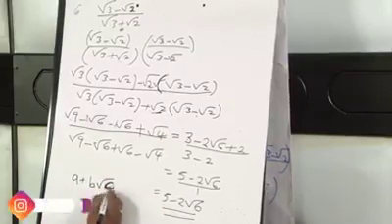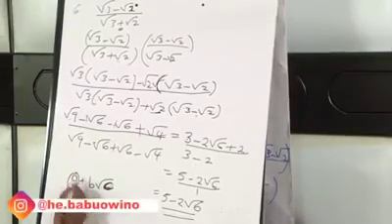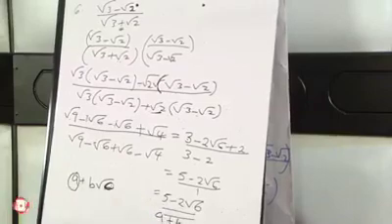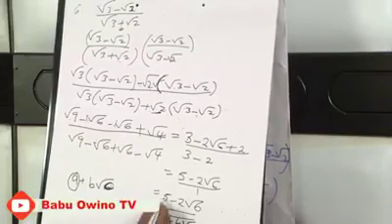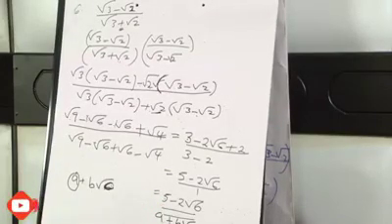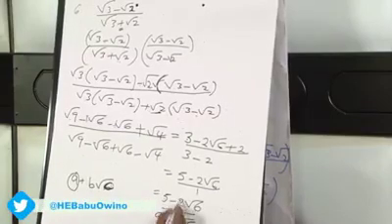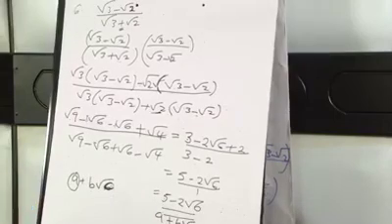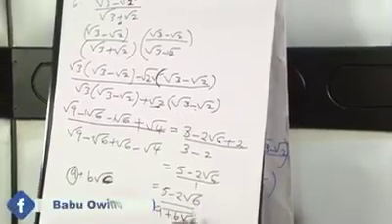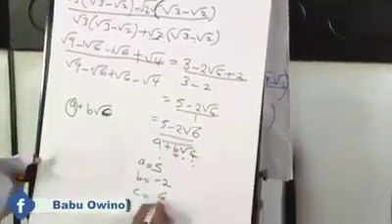So our value of a, you just write a is 5. Tell the examiner that you know. Then b is minus 2, and then c is 6.